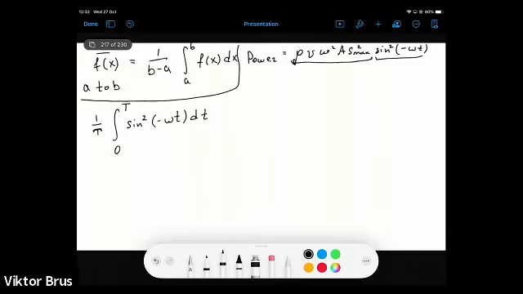That will give us the average value of this term in the time interval from 0 to capital T, which is the period of our sound wave.